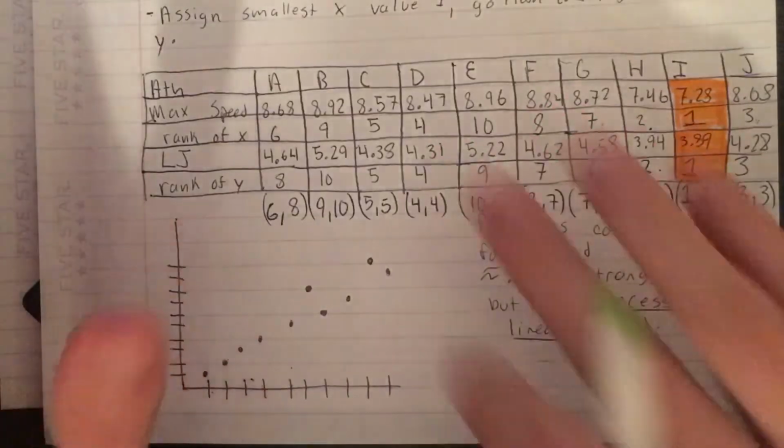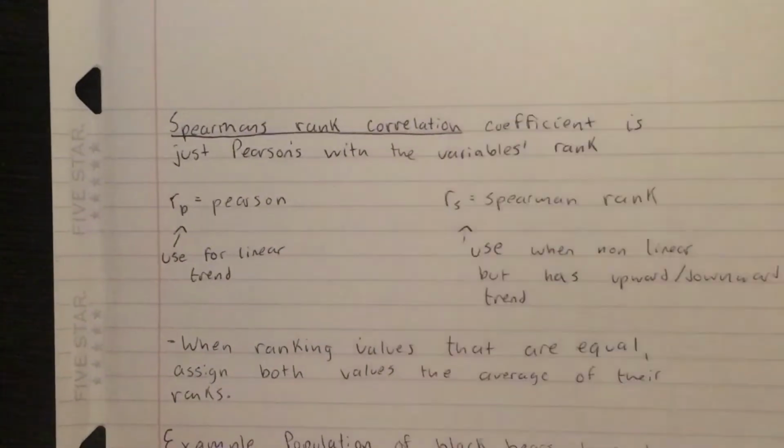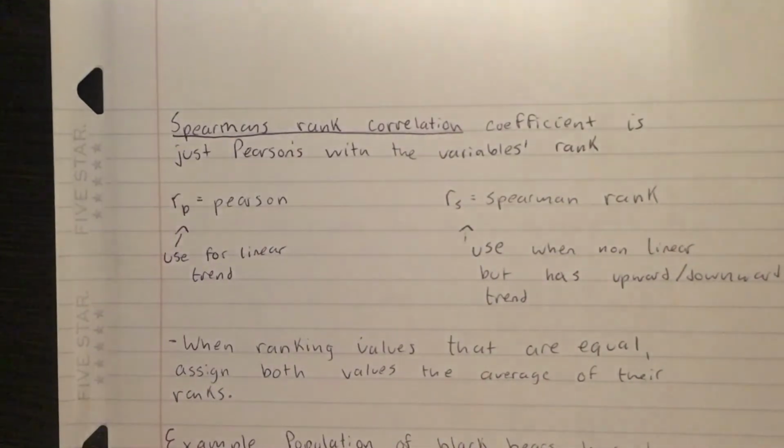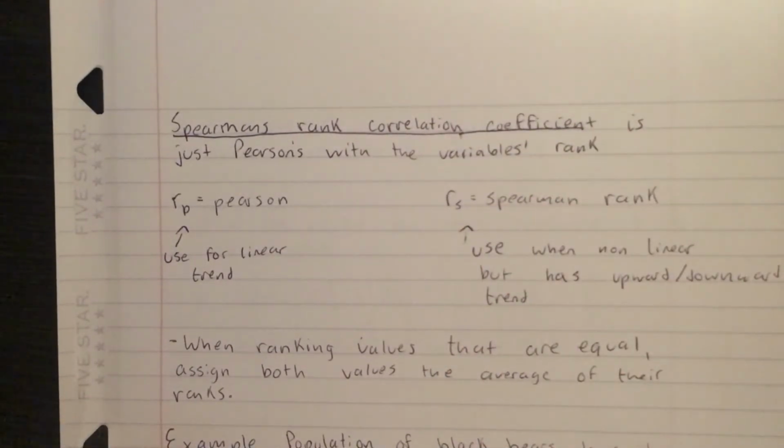So we're going to look at an example of this here in just a second, but just to recap that. The Spearman's rank correlation coefficient, all that this is, you're going to rank your data from smallest to highest. I guess you could do it from highest to smallest as well.